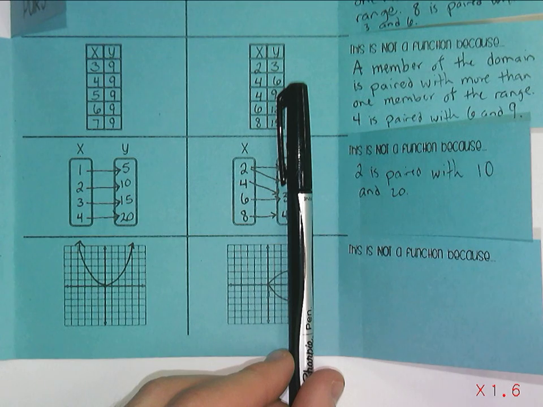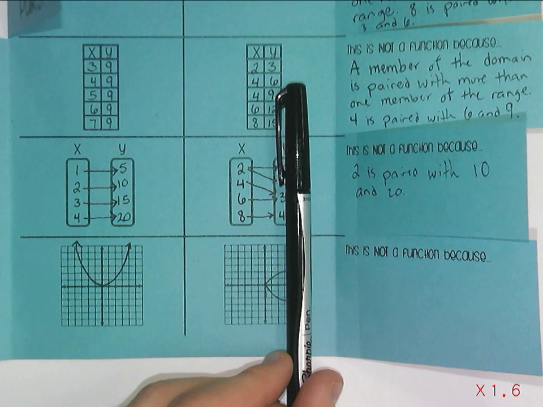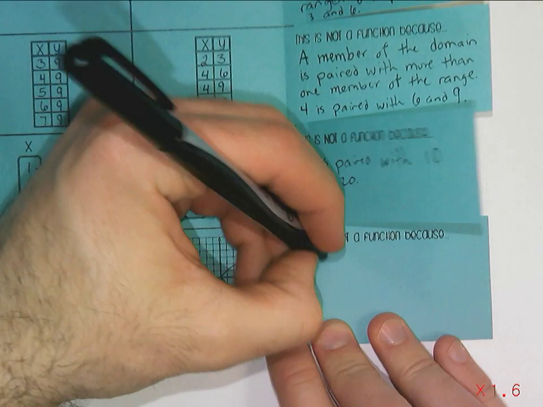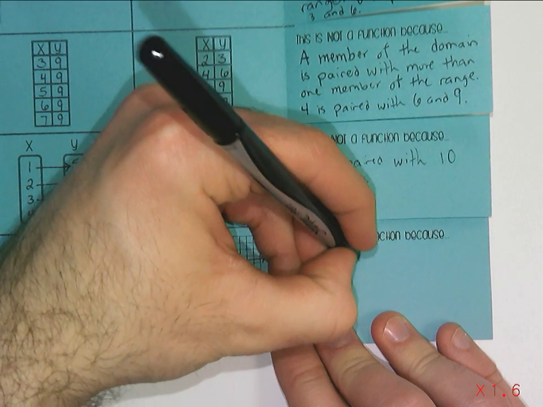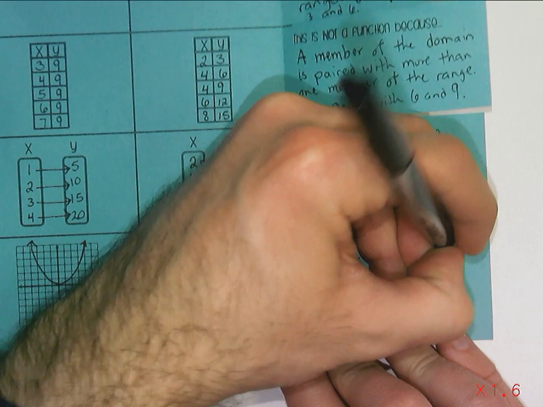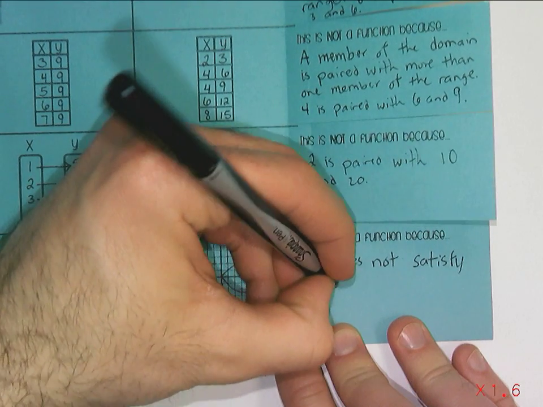That means my x value of 3 is intersecting y in two different spots, and that's not okay. That doesn't satisfy a function. So over here what I would write is it does not satisfy the vertical line test.